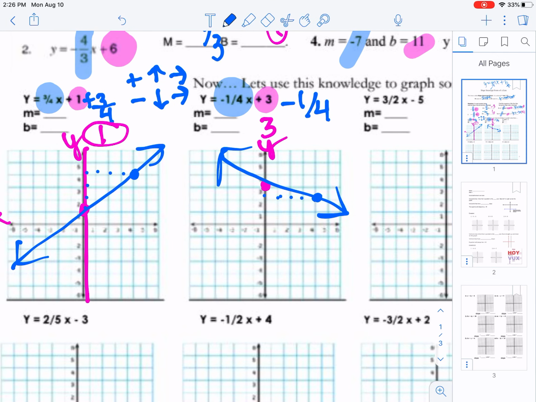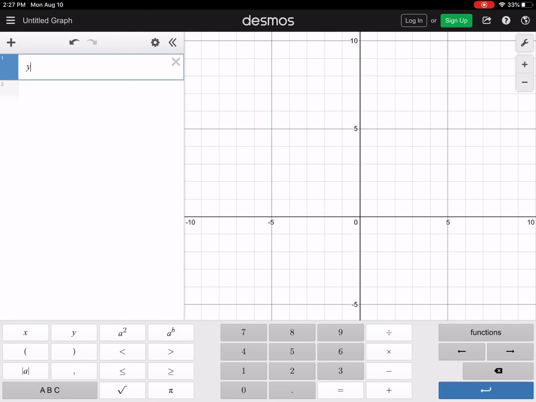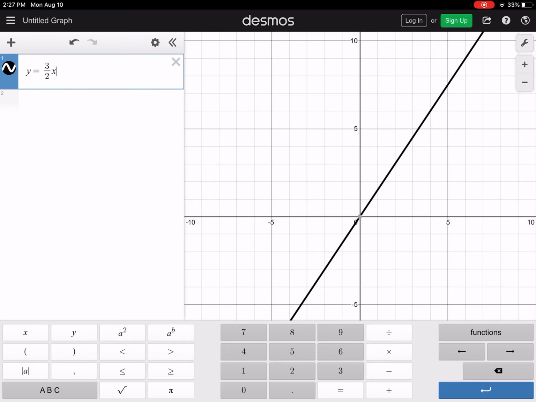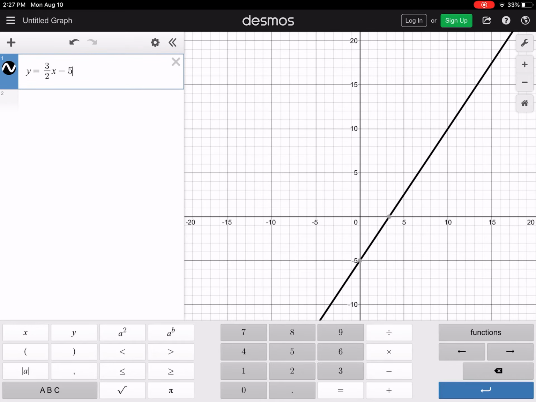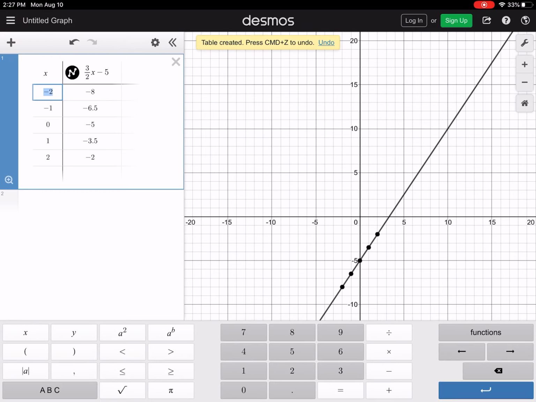So let's try another one in Desmos. y equals 3/2 x minus 5. So if I look at Desmos, I have a point at 0, -5. I can see I have a point at 3.30, but if I want to see more points, especially the nice ones, I can hit the settings wheel and hit the table button. So I've got a point at -2, -8, -1, -6.50, -5.